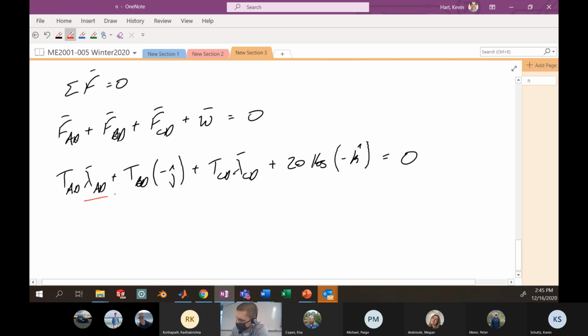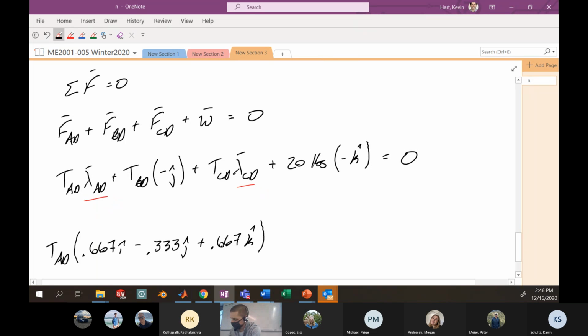All right, I now have these guys. I can plug them in and we can work with this directly. So TAD times the unit vector defined by AD. We have this already, 0.667 I hat minus 0.333 J hat plus 0.667 K hat. So that's my unit vector along AD. Minus TBD J hat, it's tension in rope BD.